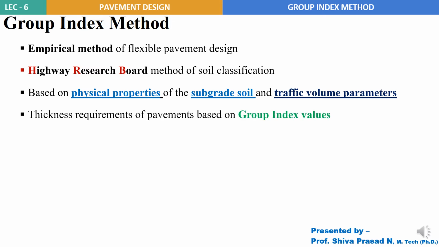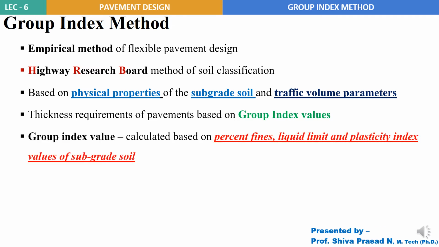Further, the thickness requirement of the pavements is based on the group index values, which is calculated based on the percent fines, liquid limit and plasticity values of the subgrade soil.